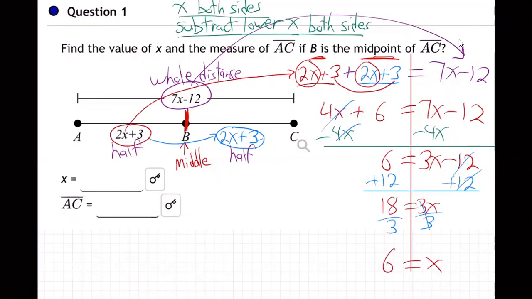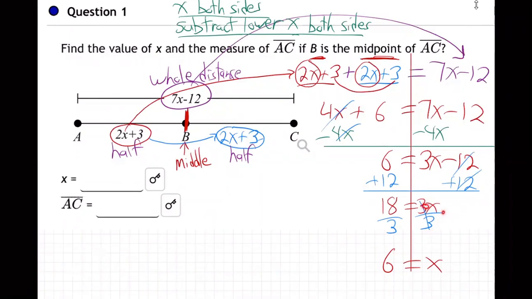Feel free to use a calculator on all this stuff. And so we got x alone. Did you see how I did those last couple of steps? Remember, whenever you're solving for x, you always do the opposite. So the opposite of the minus 12 was plus 12. And then why was the opposite of this 3 divide? Well, because really that's 3 times x. There's no symbol between the 3 and the x, which means multiply.